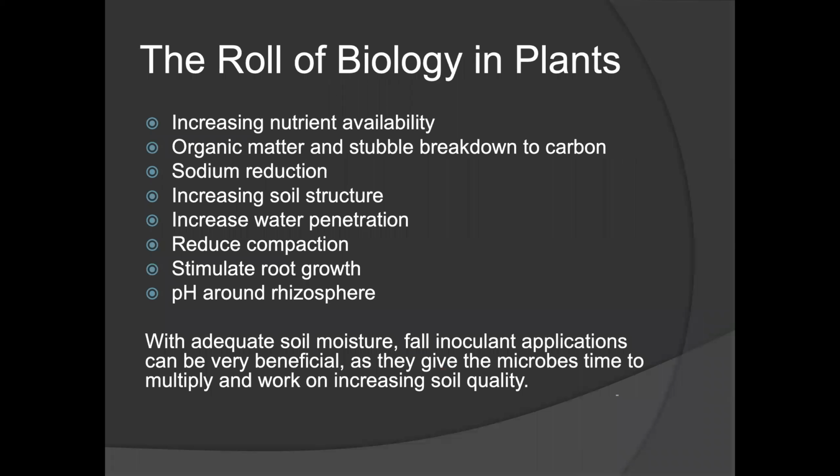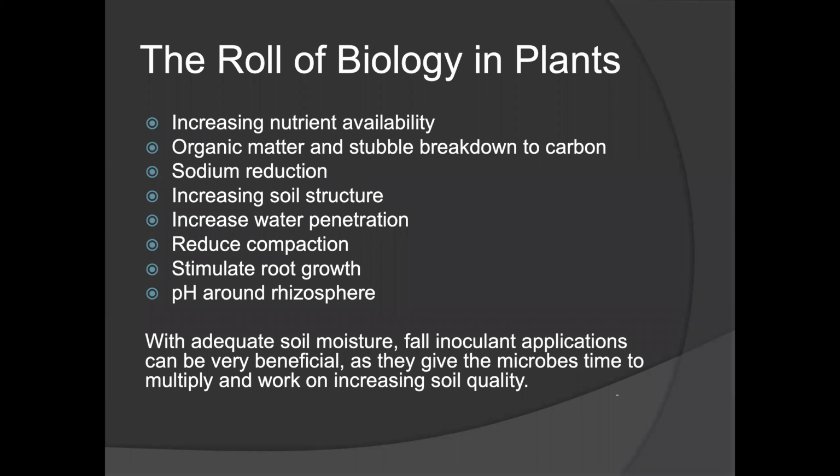So, the role of biology in plants. You look at increasing nutrient availability. You can break down your stubble. You can get better organic matter availability. We can do sodium reductions, increase soil structure, and improve water penetration, so your water doesn't just sit on top and evaporate.